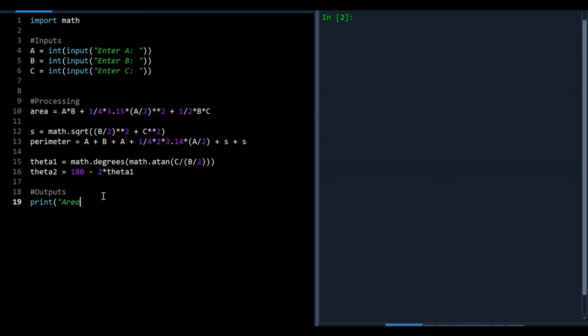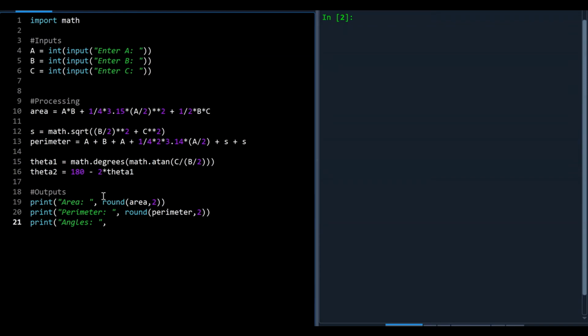So we'll print the area. And I think I said round to 2 decimal spots, so round area 2. Print the perimeter, so round perimeter. And then we'll print the angles.